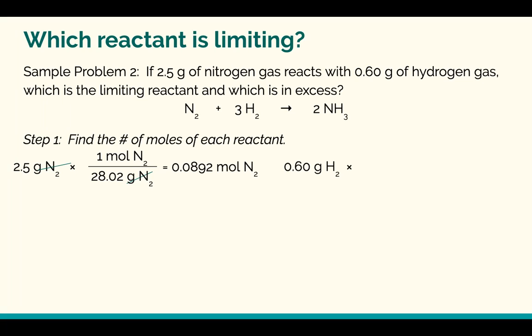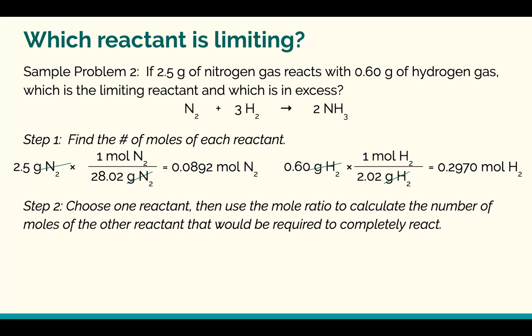Then we're going to do the same type of calculation for hydrogen. We have 0.60 grams of hydrogen. We're going to use the molar mass of hydrogen gas, and we find that we have 0.2970 moles of hydrogen. So now that we're at moles, we can do the same step we did in the last question.